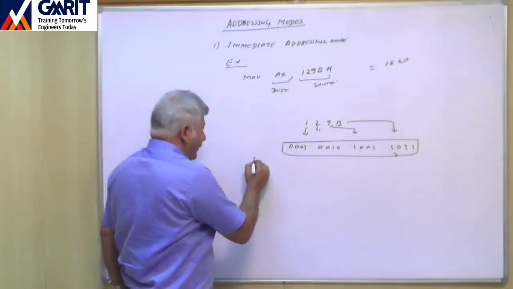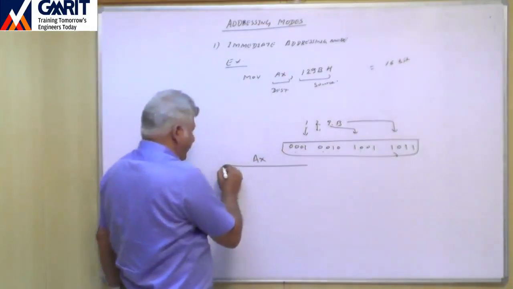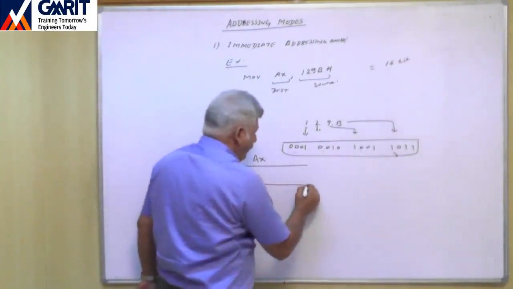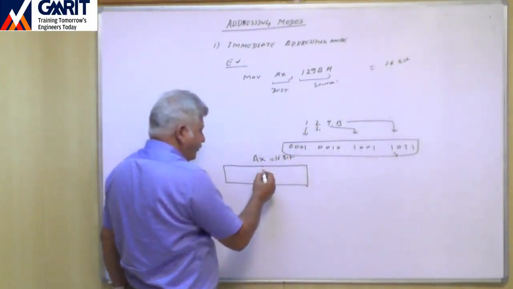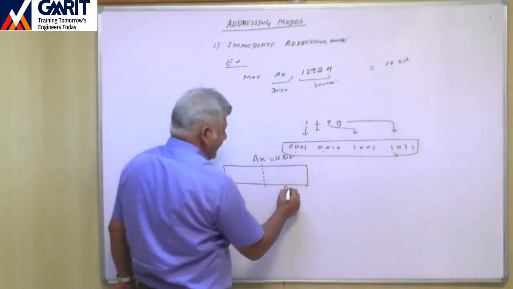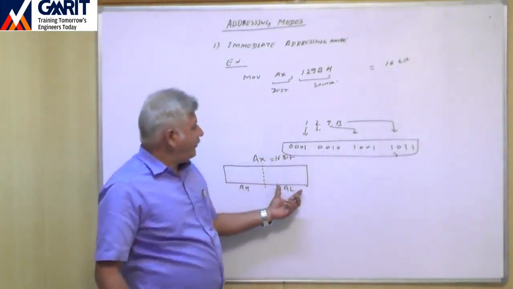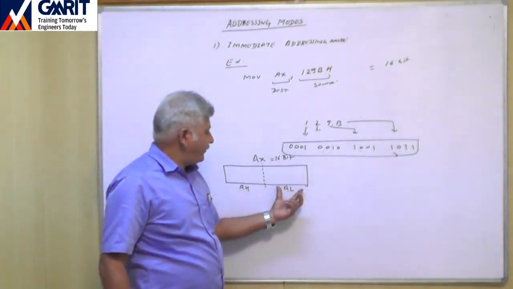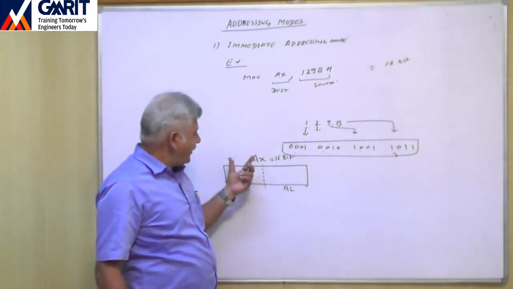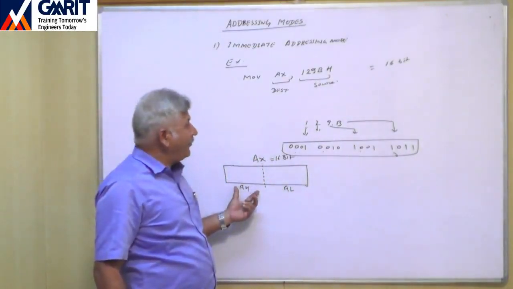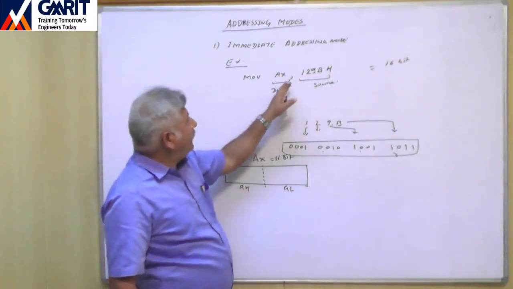We know that AX is a 16-bit register, and this register is formed by two 8-bit registers, AL and AH. The lower 8 bits of the AX register are denoted by AL, and the higher 8 bits of the AX register are AH. So when this instruction is executed, 129B will be stored in AX.